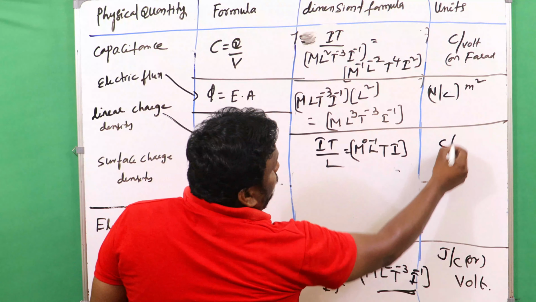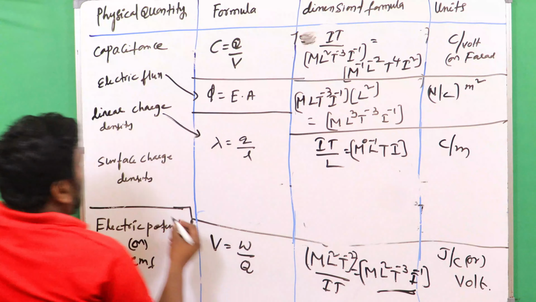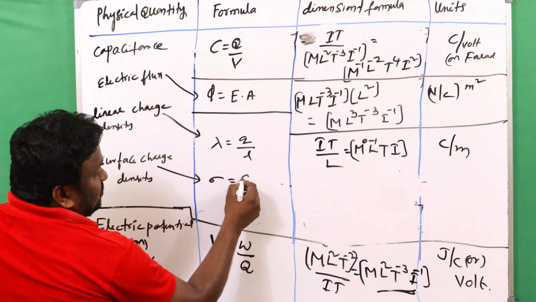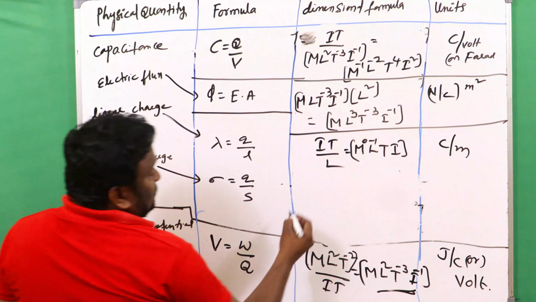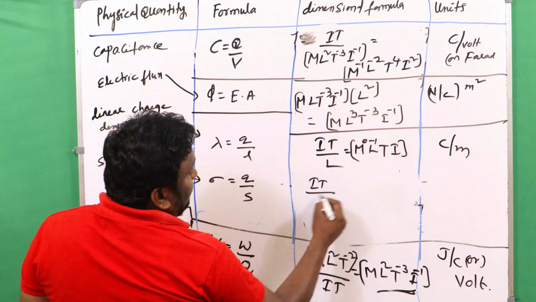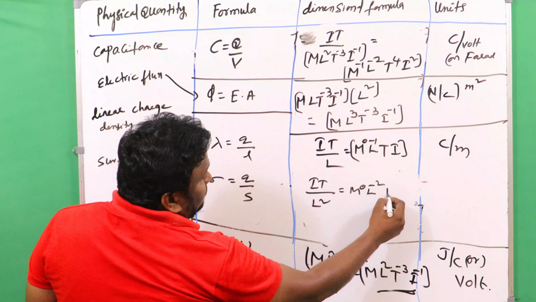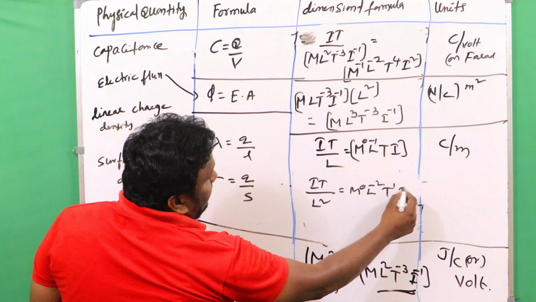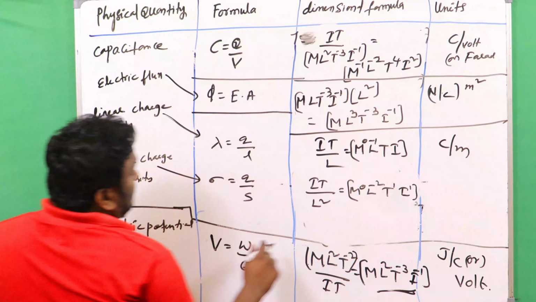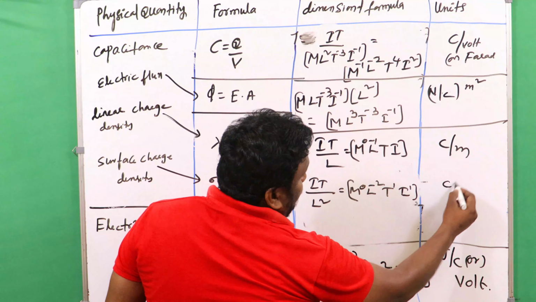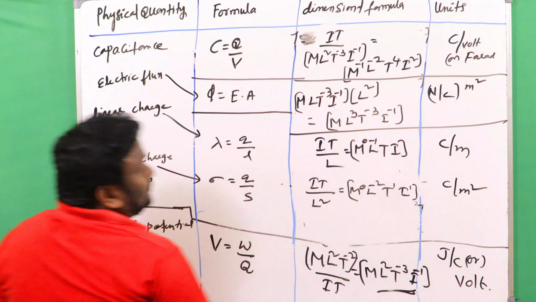Units are coulomb per meter. And now surface charge density. Sigma is equal to Q by S. As usual, Q means IT, by L². That is M⁰ L⁻² T¹ I¹. This is the dimension formula of surface charge density. Clear? Coulomb per meter square.